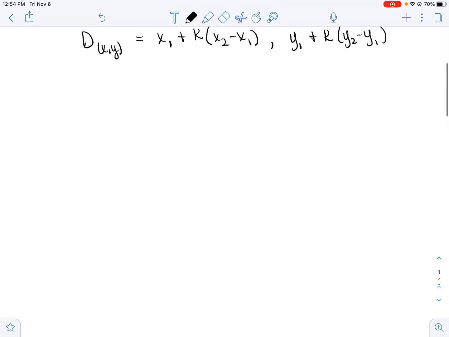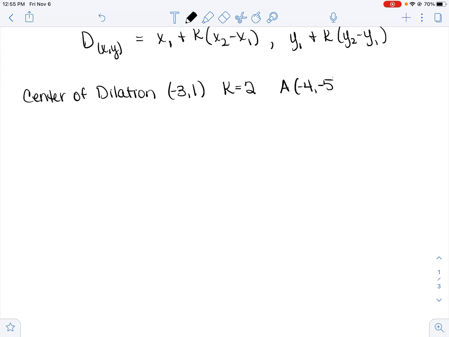So I'm going to leave the formula up here. So for instance, I have a center of dilation at -3, 1. My scale factor is 2. The point that I'm dilating away from -3, 1, I'm going to call A, and that's at -4, -5.